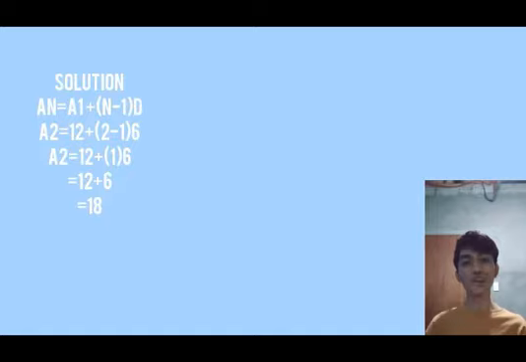We have a sub 1 equal to 12 minutes for the first week. So, we will get the second one. a sub n equals a sub 1 plus the quantity of n minus 1 times d.